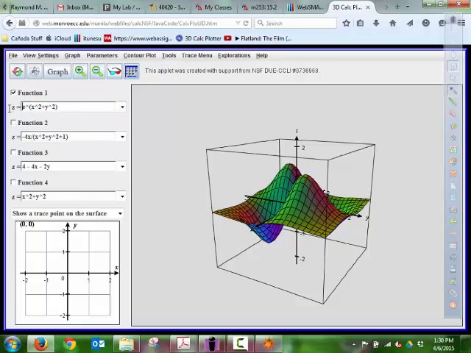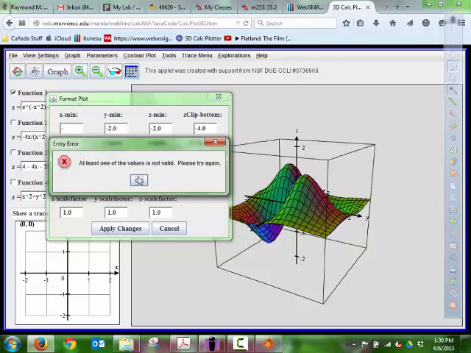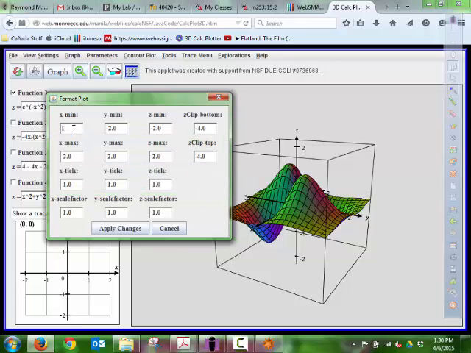So it's e to the negative x, and then times cosine of x squared plus y squared. Is that right? And let's just go from -1 to 1, because those are our limits.